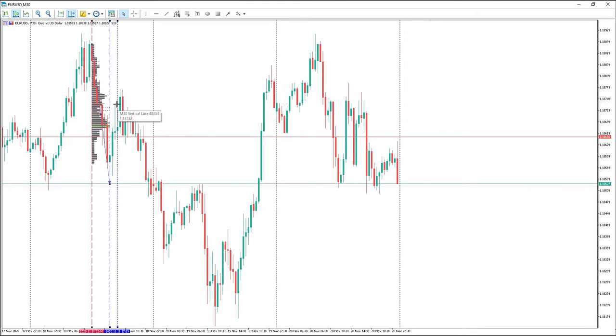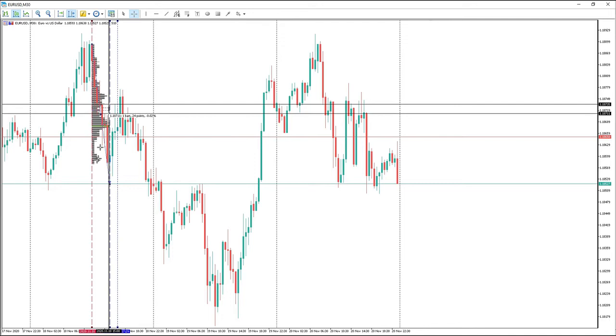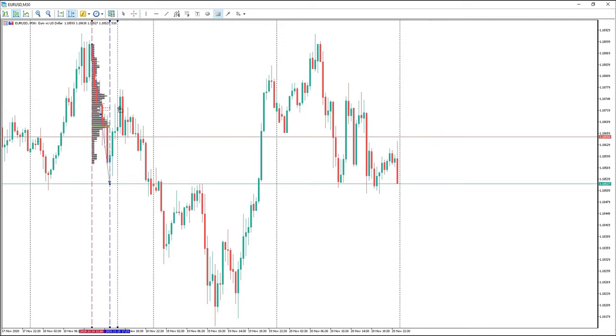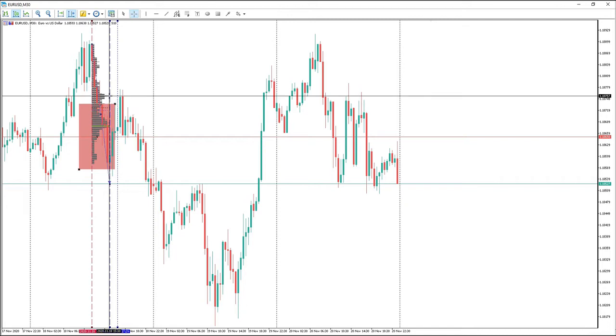All the volumes downward this side we are ignoring, because they have been tested by these 3 candles after our downtrend.